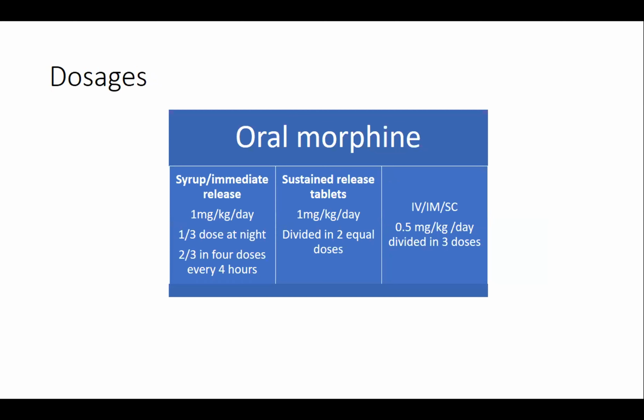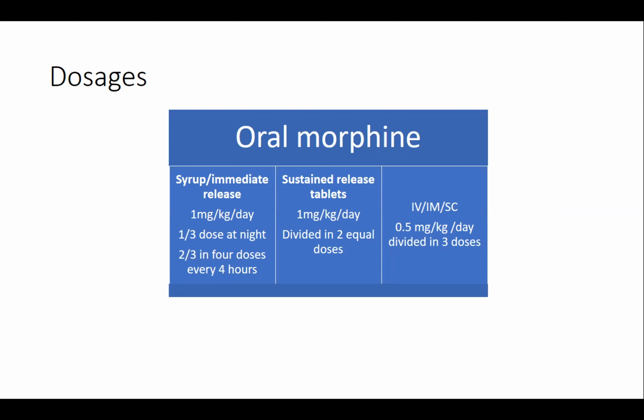For oral morphine, we have access to the oral morphine solution, and a simple way of remembering the dosage is 1 milligram per kilogram per day. So for example, the patient we discussed today, if their weight is 60 kilograms, you could let me know if they're 60 kilos and you want to give them morphine at 1 milligram per kilogram per day, what do you think their dose would be?